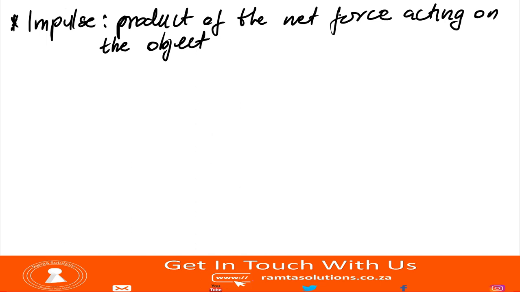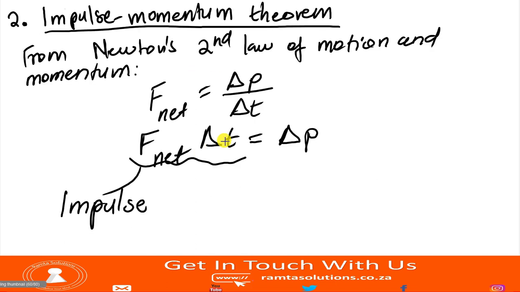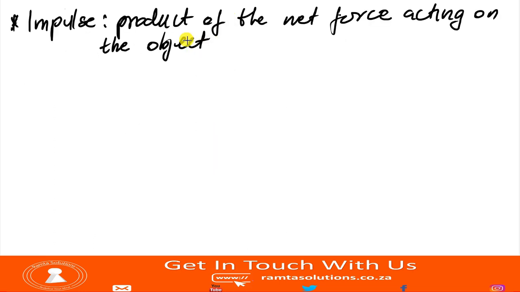So it is the product of the net force acting on the object and the time interval during which the net force is acting on the object. So it was F net times delta T. He's back. So let's continue.